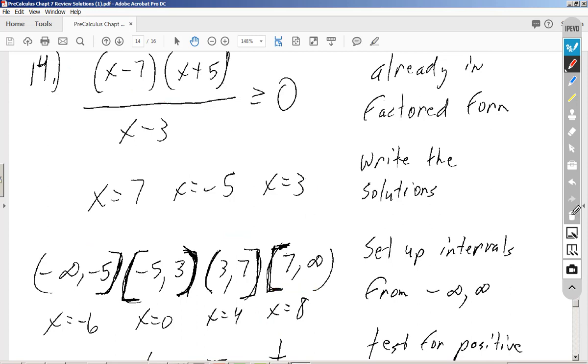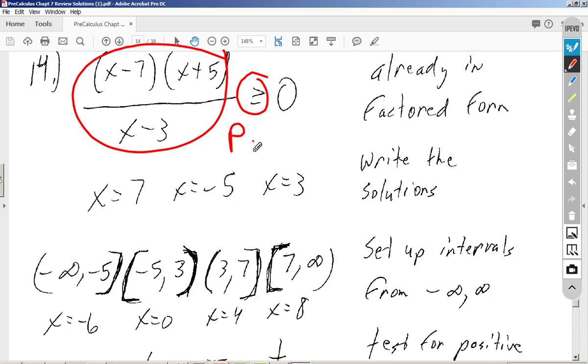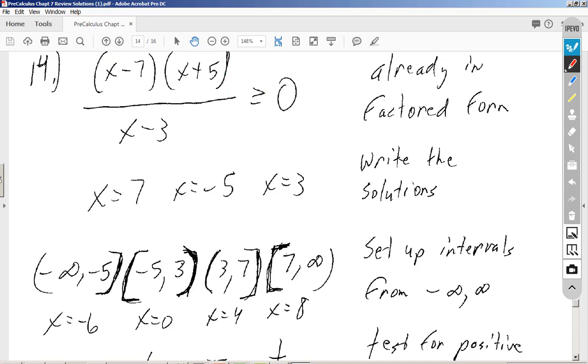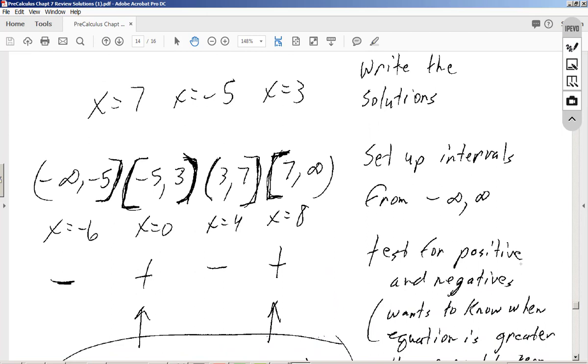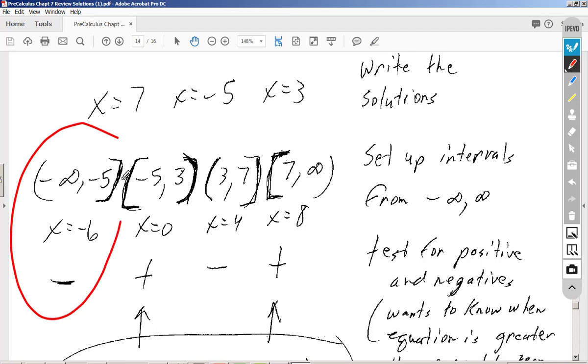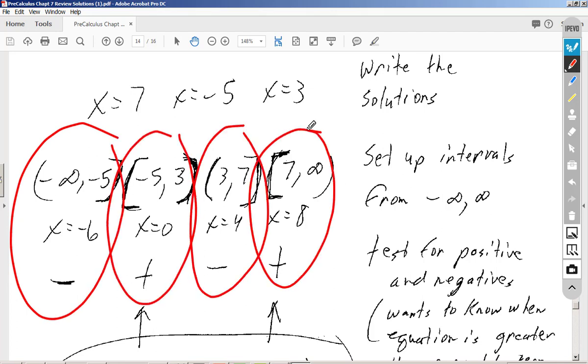So now I just have to identify which intervals I'm looking for. Notice it wants to know when this expression is greater than or equal to 0. That means it wants to know on what intervals it is positive. So remember my intervals when I found them. This one was negative, this one is positive, this one is negative, and this one is positive.